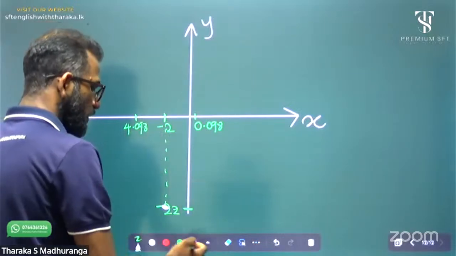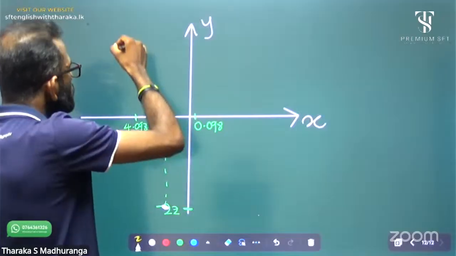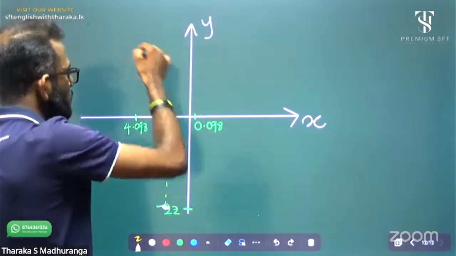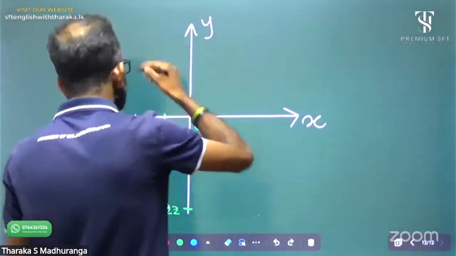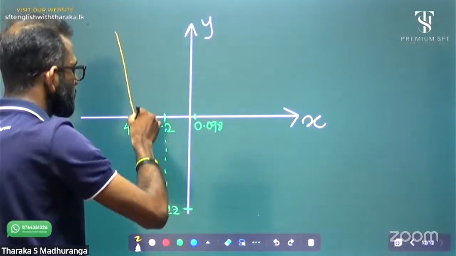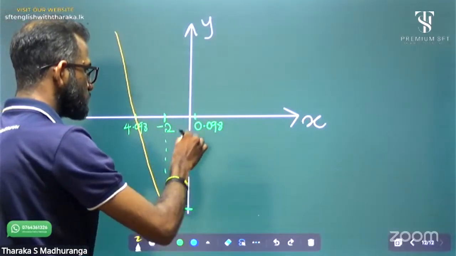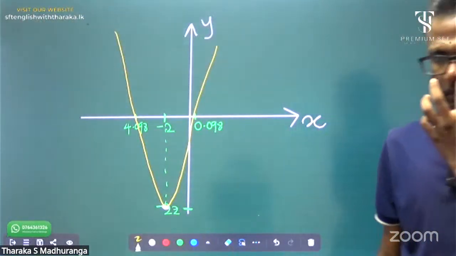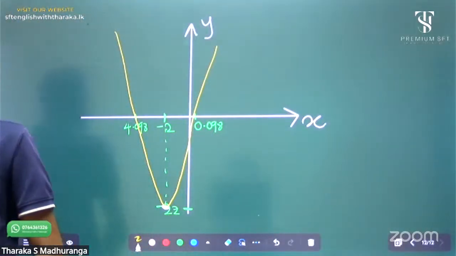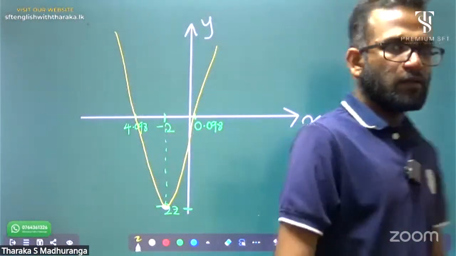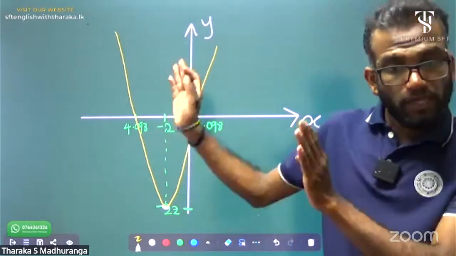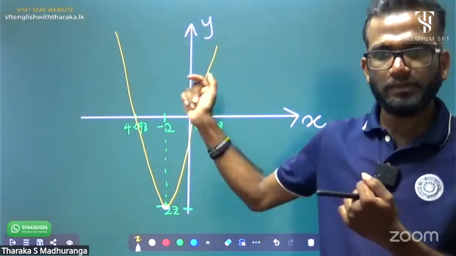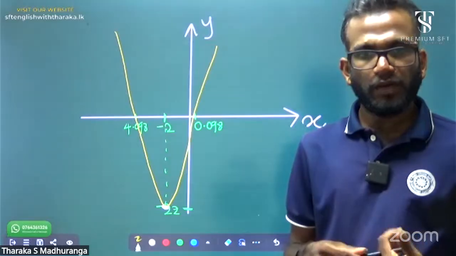Now you can draw a smooth curve like this. This is a sketch. First you have to decide it is a minimum, since a is positive, and this is the shape.